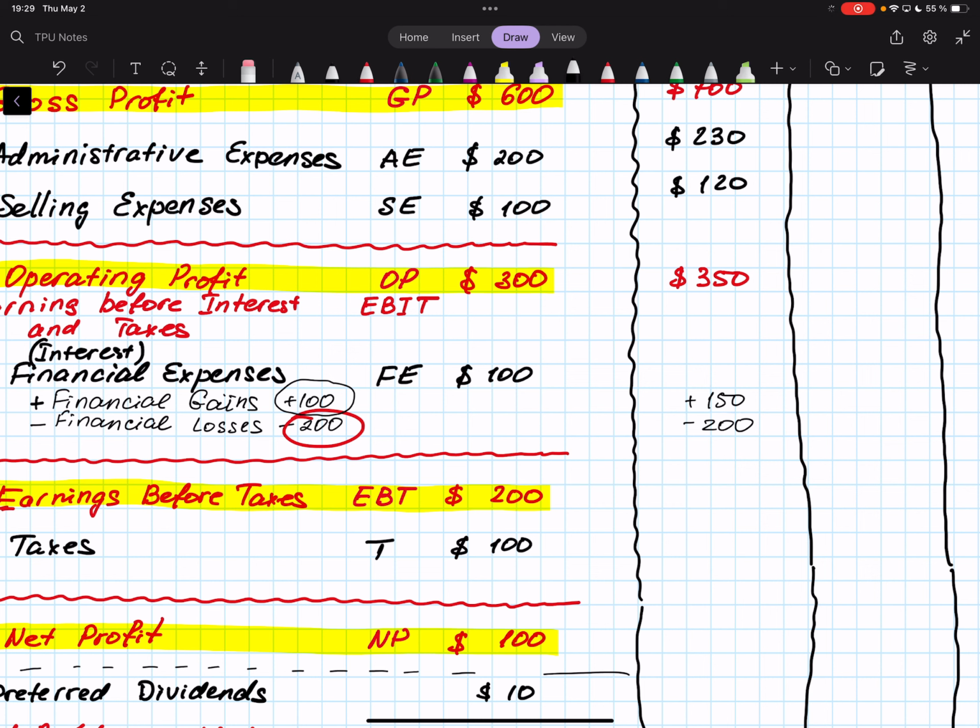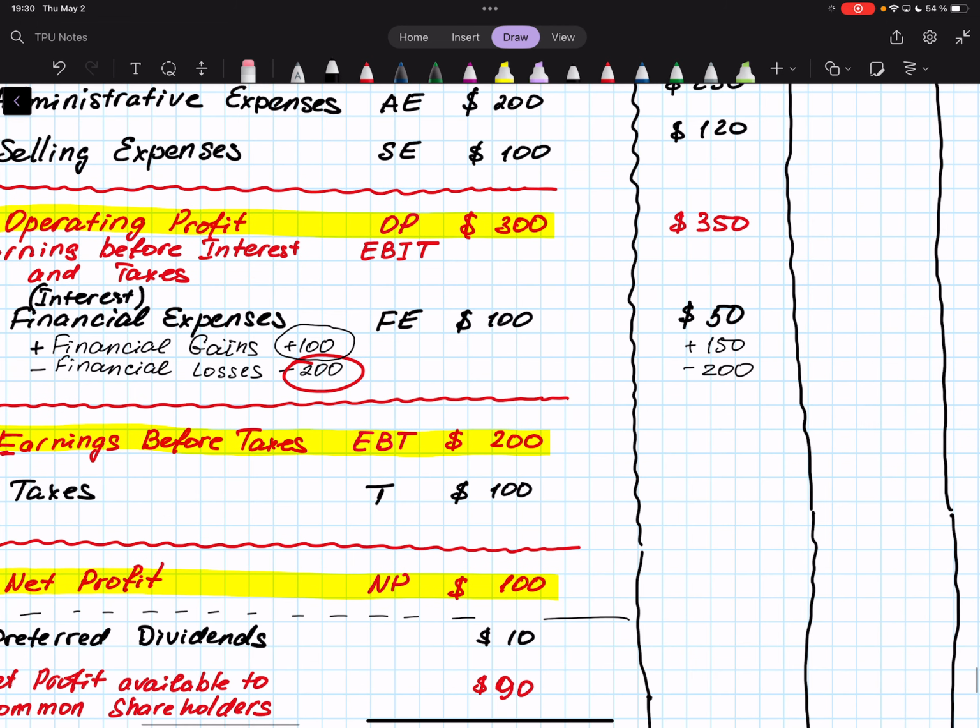So this will give us the financial expenses of 50. The difference between them will be 50. Financial expenses, yeah, $50.